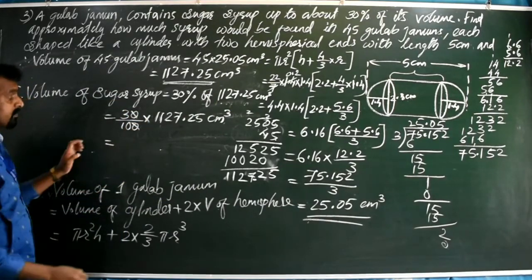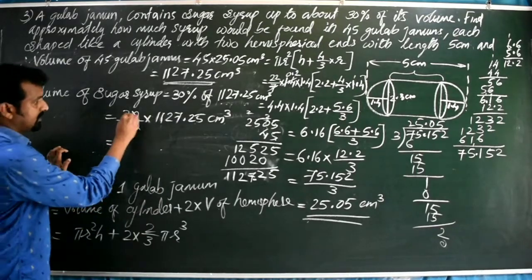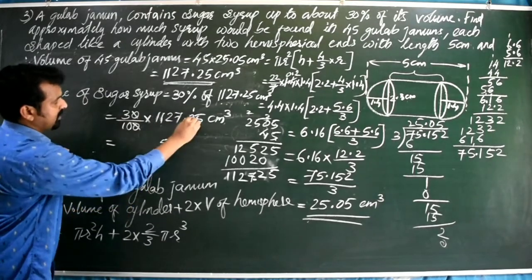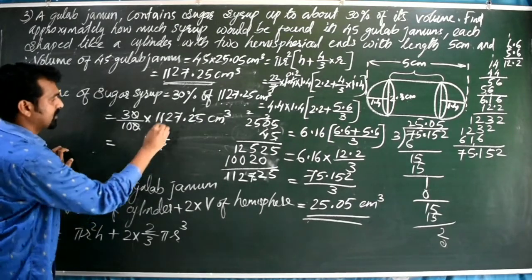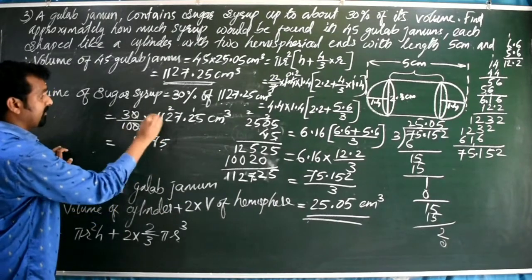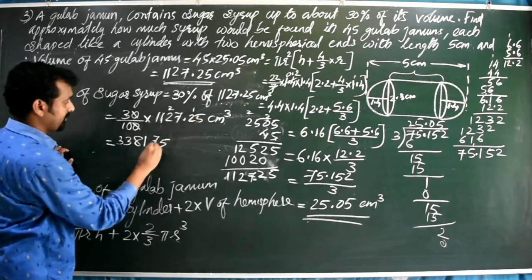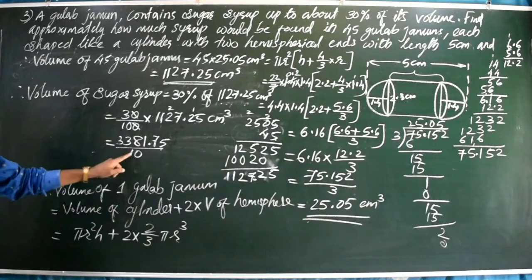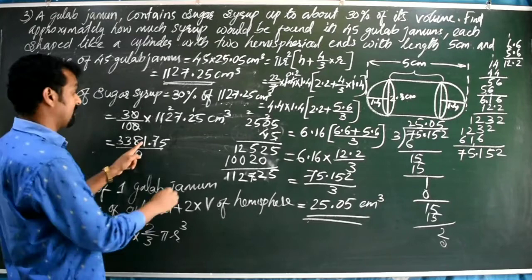That is equal to 1127.25 into 3. Multiply that. 3 5s are 15, 5, remainder 1. 3 2s are 6 plus 1, 7. 3 7s are 21, 1, remainder 2. 3 2s are 6 plus 2, 8. 3 1s are 3, 3 1s are 3. 2 decimal points are there, so here it is divided by how much? 10. If it is divided by 10, no need of dividing; the decimal point will come one place to the left.